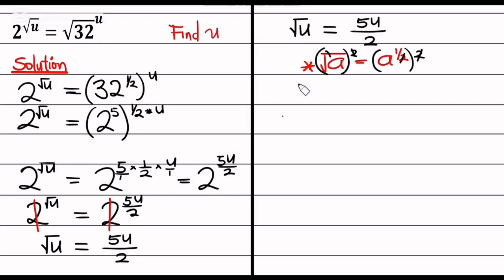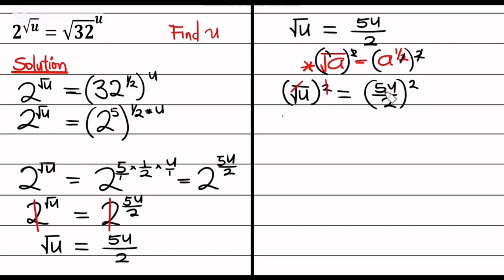Therefore, I can say square root of u all squared equals 5u over 2 all squared at the same time. Also, according to the explanation above, this is going to cancel this square root.